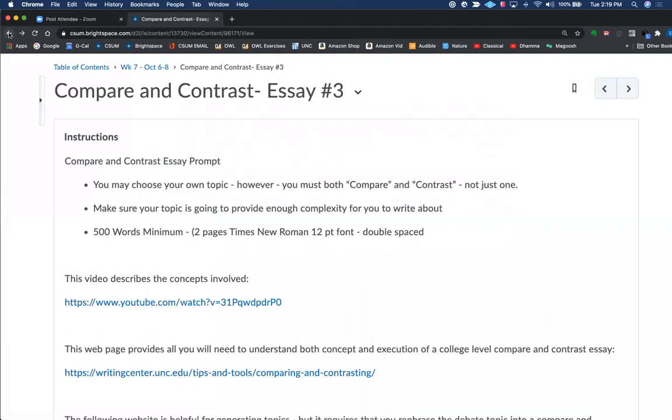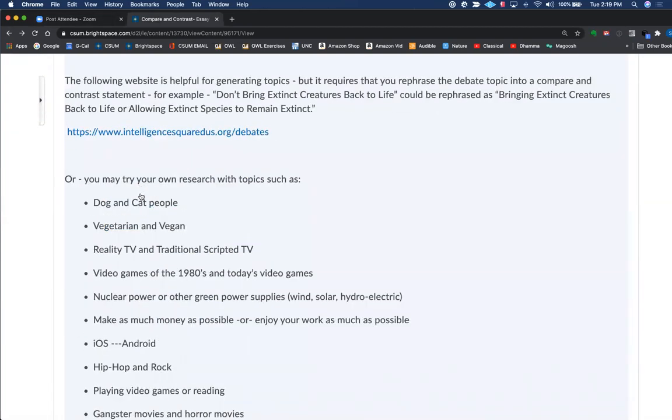So compare and contrast. What you're going to do to choose your topic is you can choose your own. And these are just some silly examples, but plenty to prove the point as long as you do it well.